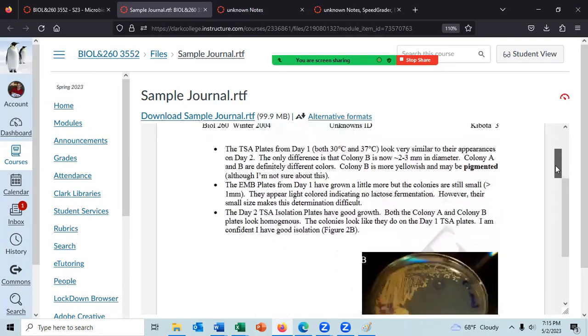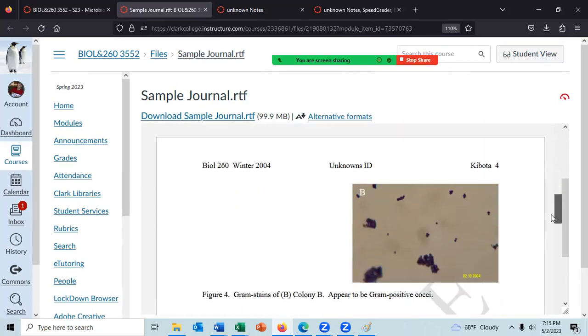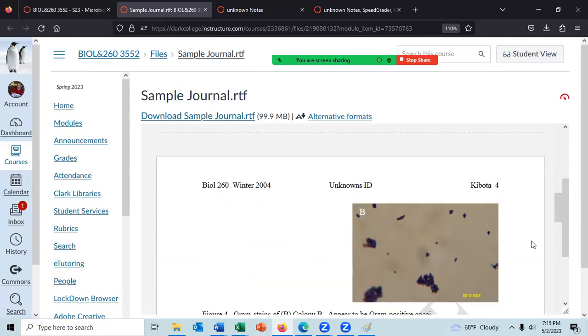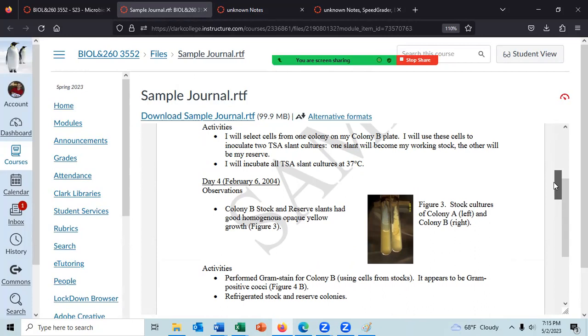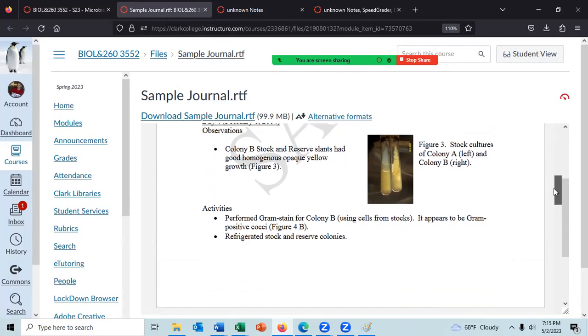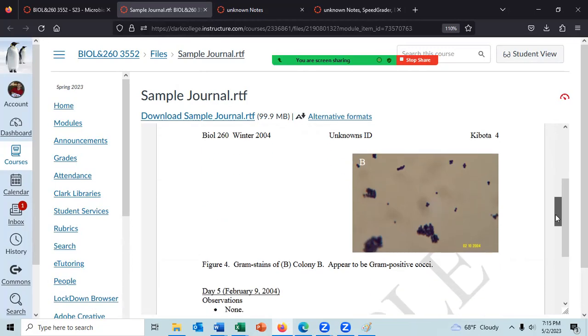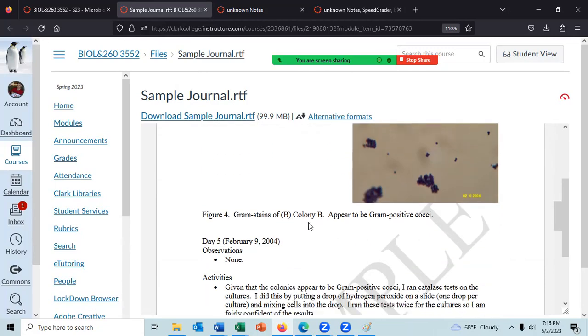Let's move on. Scroll down a little bit. So this looks like he did the gram stain. Perform the gram stain. So he's got observations, activities, and then on most days he has conclusions.